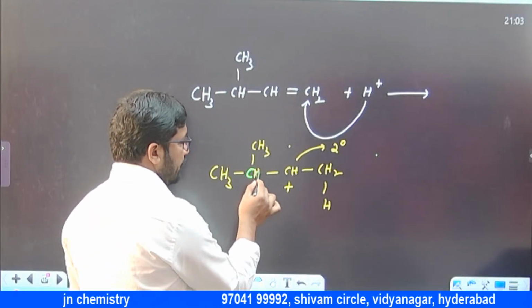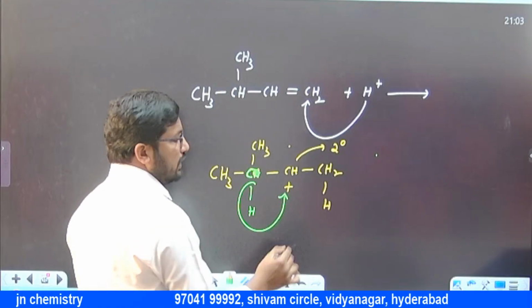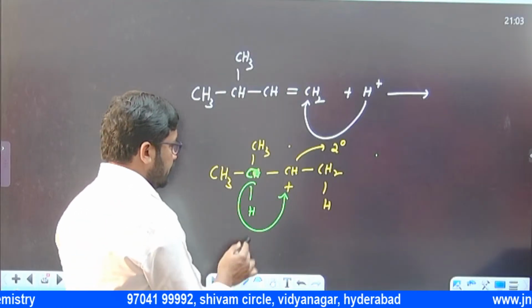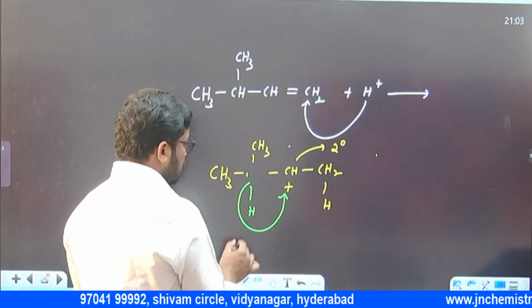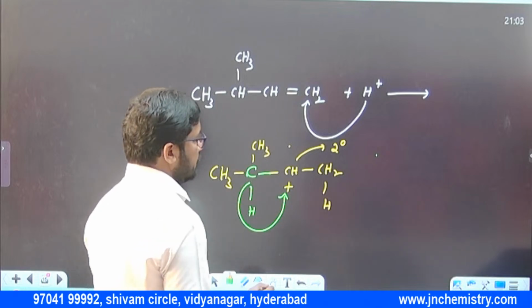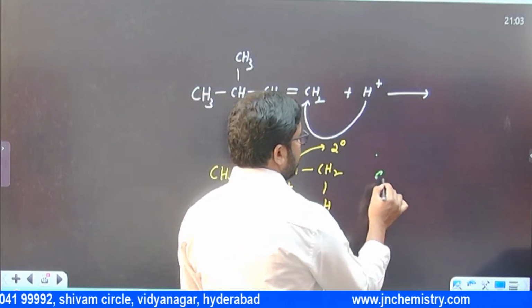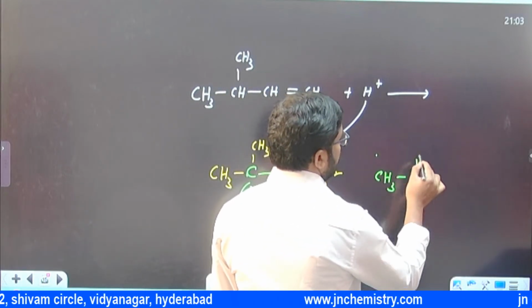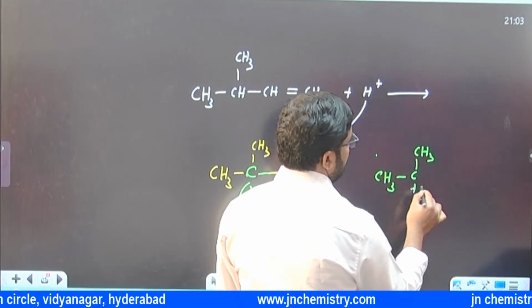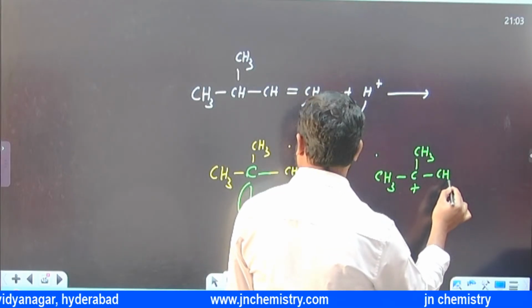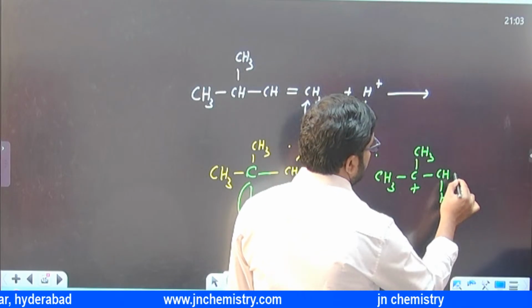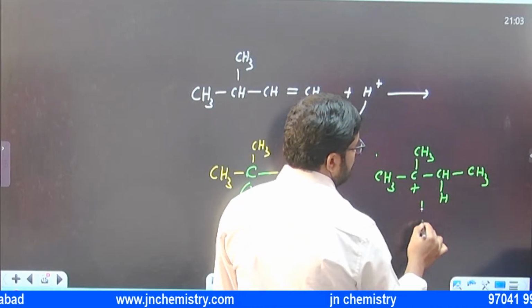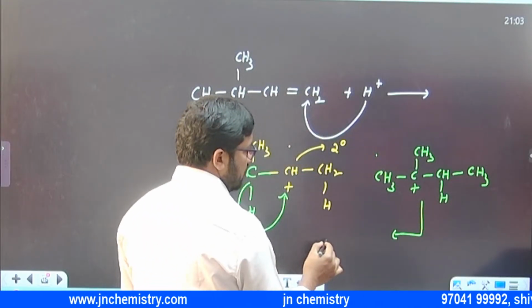So what exactly happens? Hydride shift takes place. So what we will get? CH3, CH3, positive charge, then CH2, CH3. Then the OH is coming and attacking over there, water.